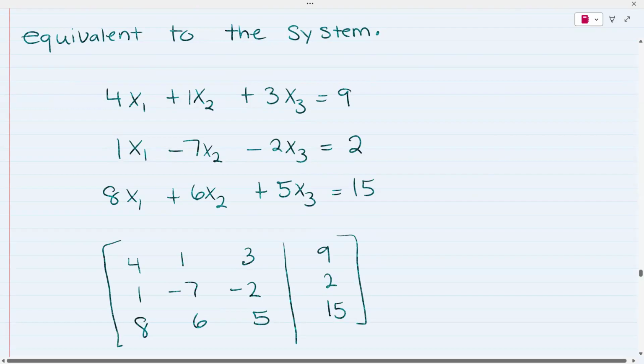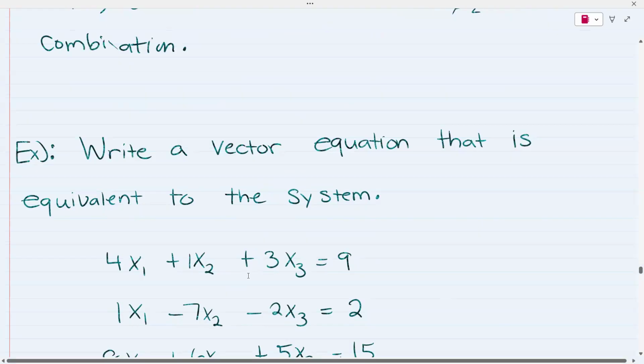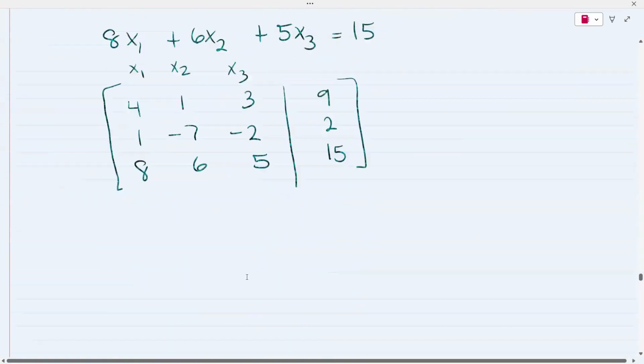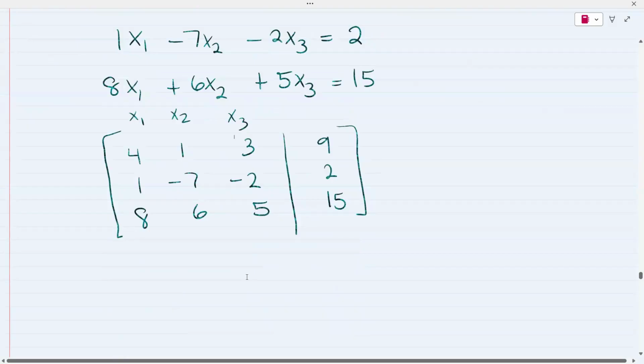So this is not our answer. This is column x1, x2, x3. But they say write a vector equation that is equivalent to the system. So we need to find our linear combination.